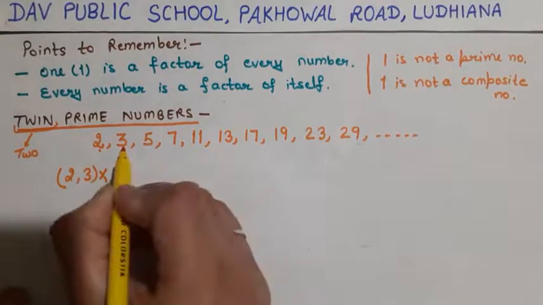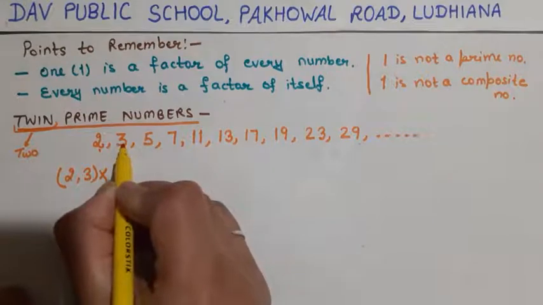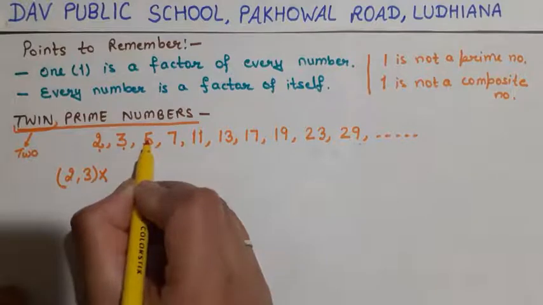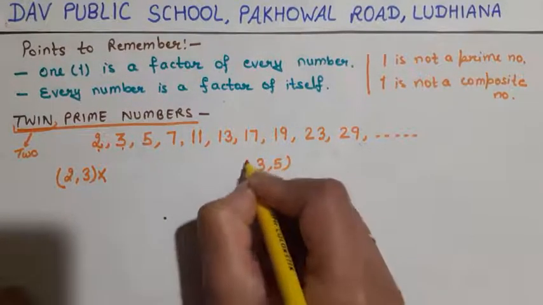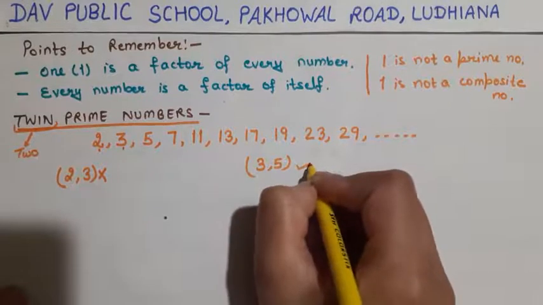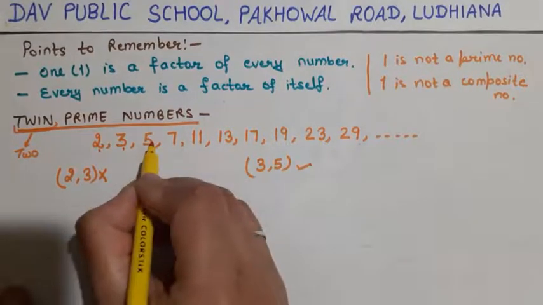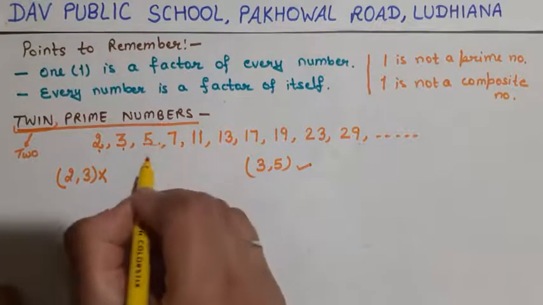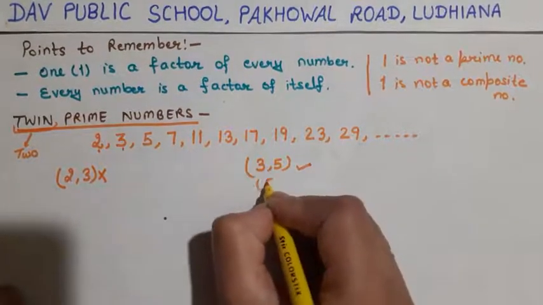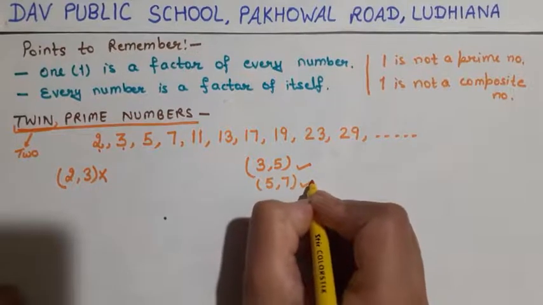Move on to the next pair, 3 and 5. Check their difference. The difference is 2, right? So yes, 3 and 5 are twin prime numbers. Move on to the next pair, 5 and 7. Yes, their difference is 2. So 5 and 7 are also twin prime numbers.